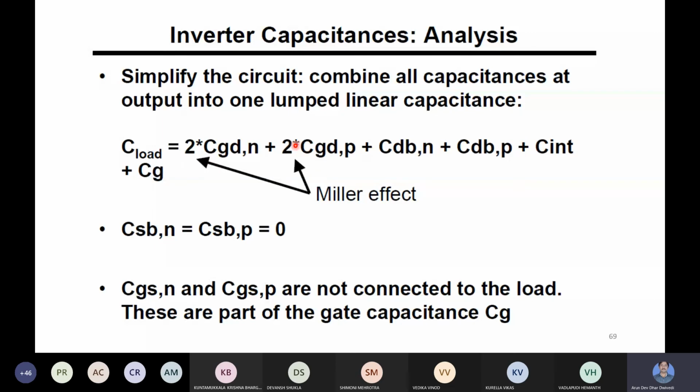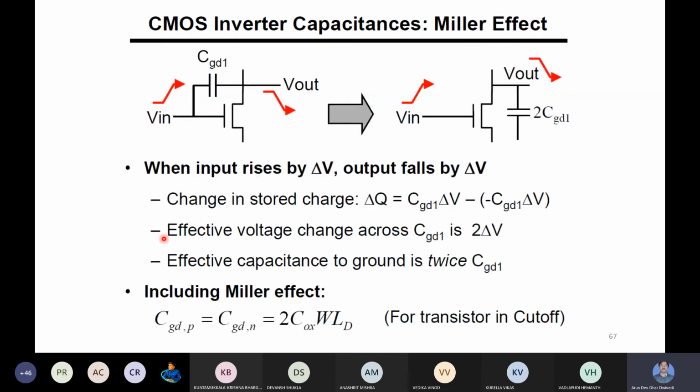Due to the Miller effect the gate-drain capacitances are counted 2 times, but CDBN and CDBP come one time, and interconnect capacitance one time. All together, plus CG, the gate capacitance. So C load plus CG, everything is now included.